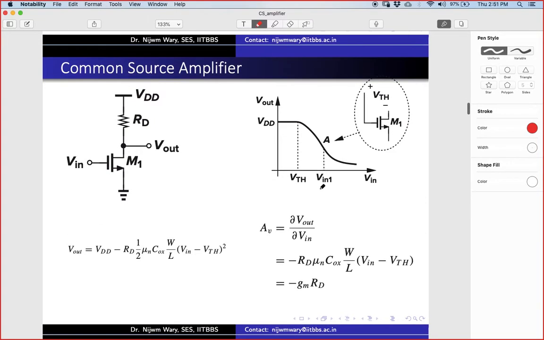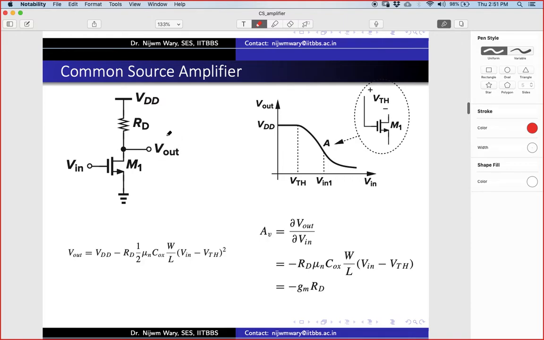If I write down the expression of Vout in terms of the current ID flowing through, Vout is VDD minus ID RD. In the saturation region, ID is half mu n Cox W/L (Vin minus VTH) squared. At this point we are neglecting the 1 plus lambda VDS term.